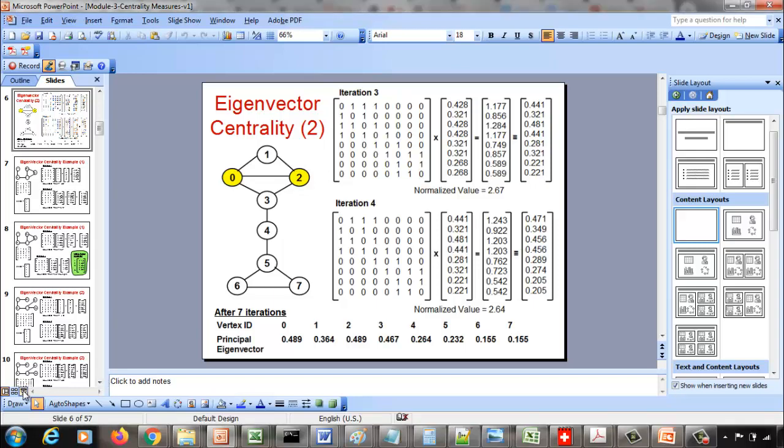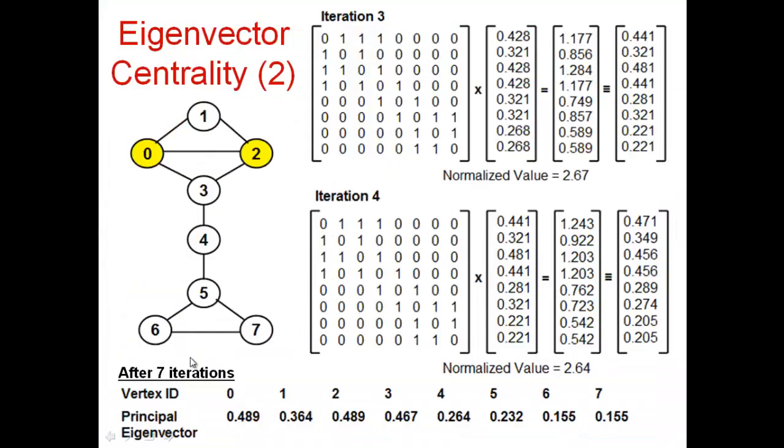Okay, so in this example, one thing I wanted to show about the eigenvector centrality values is this. The definition of eigenvector centrality is a measure of the degree of the vertex as well as the degree of its neighbors. So if you look at it, the largest eigenvector centrality values are for vertices 0 and 2, which is 0.489.